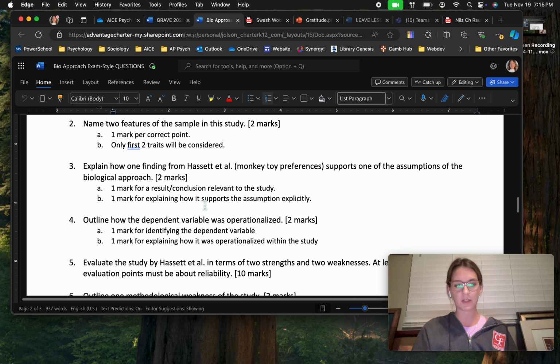Well, for this one, this is linking the finding or conclusion explicitly back to one of the assumptions of the biological approach. So you just have to say something about one of the assumptions and how this one supports it, okay? So you can't just state a result and then state an assumption. You have to link it with a few words, okay?